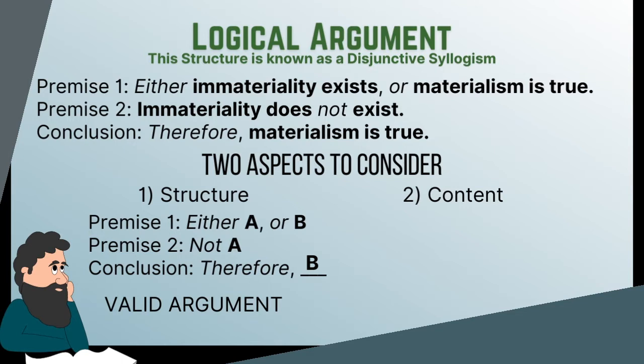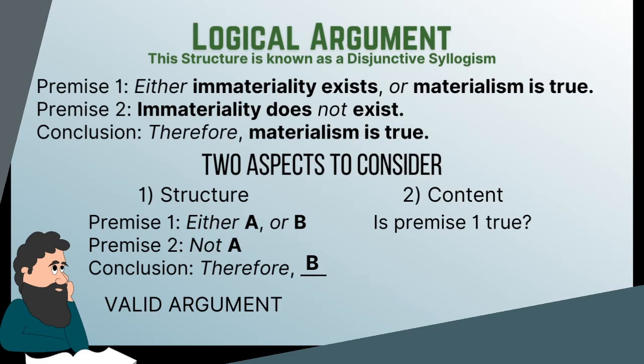And when we have a valid argument structure, it means that we are reasoning correctly from our premises to our conclusion. The second element, as I already mentioned, is the content. This is where one has to consider whether each premise on its own is true. Sticking with our example, is it true that either immateriality exists or materialism is true?